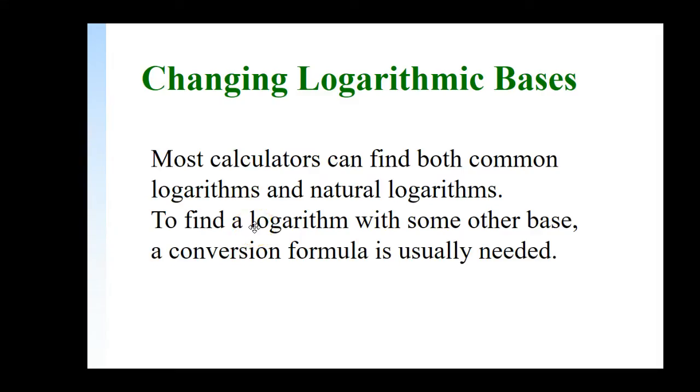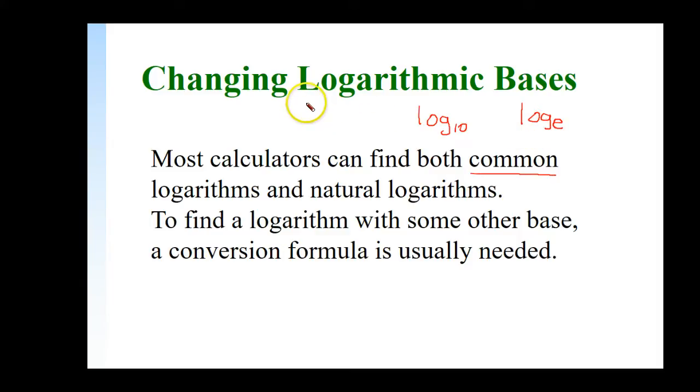Now, most calculators can find both the common log, and we had a little bit of this earlier. Common log is base 10, and the natural log, which is what we're talking about here, is base e. So both of these are found on your calculator.